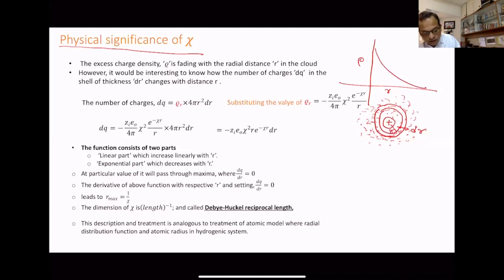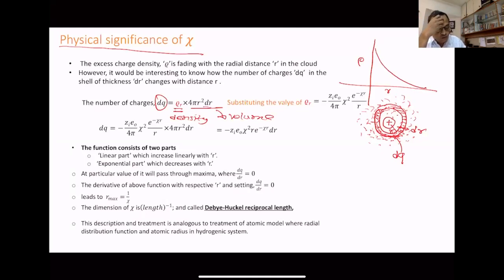In that small volume of the shell, the amount of charge is dq. The dq, the charge in that small shell, is nothing but equal to density into volume. This 4 pi r square dr is the volume of that shell.